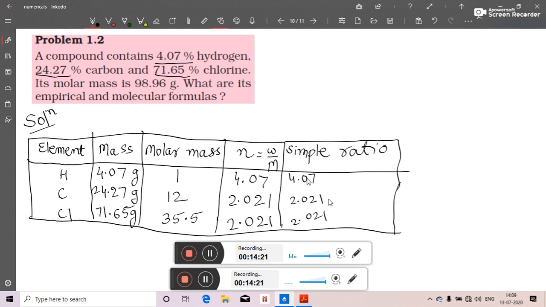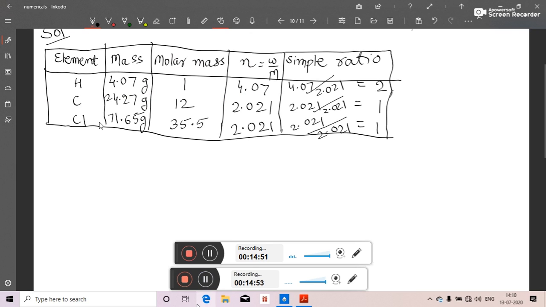Now divide all the three by the smallest number, that is 2.021. So 4.07 upon 2.021 is nearly 2, and here numerator and denominator are same, so it will be 1, and here also numerator and denominator are same, so that is 1.